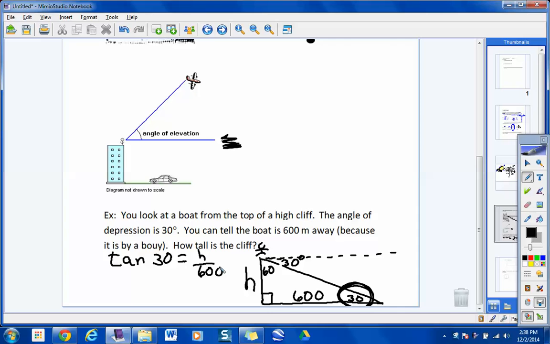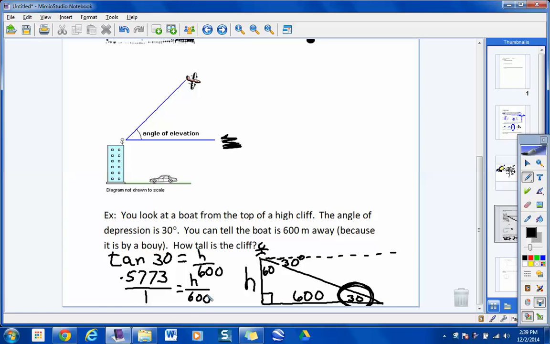How about my decimal equivalency for tangent of 30? 0.5773.